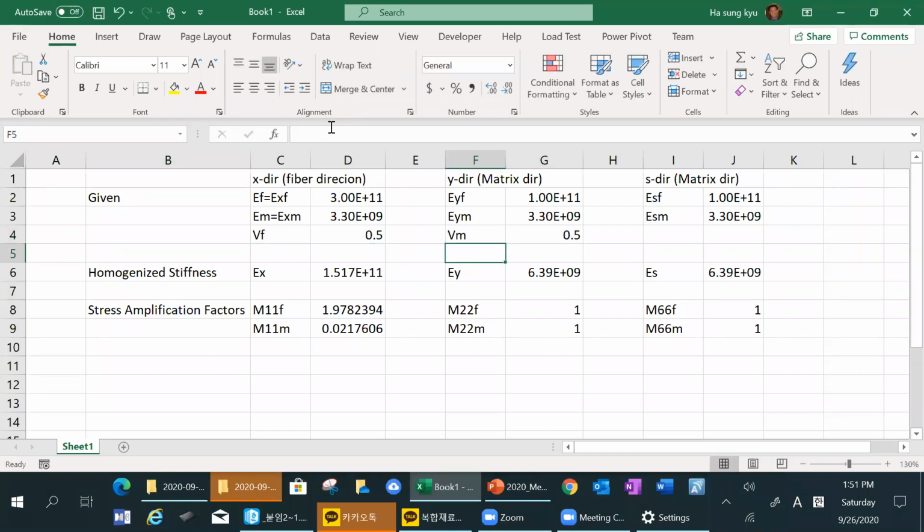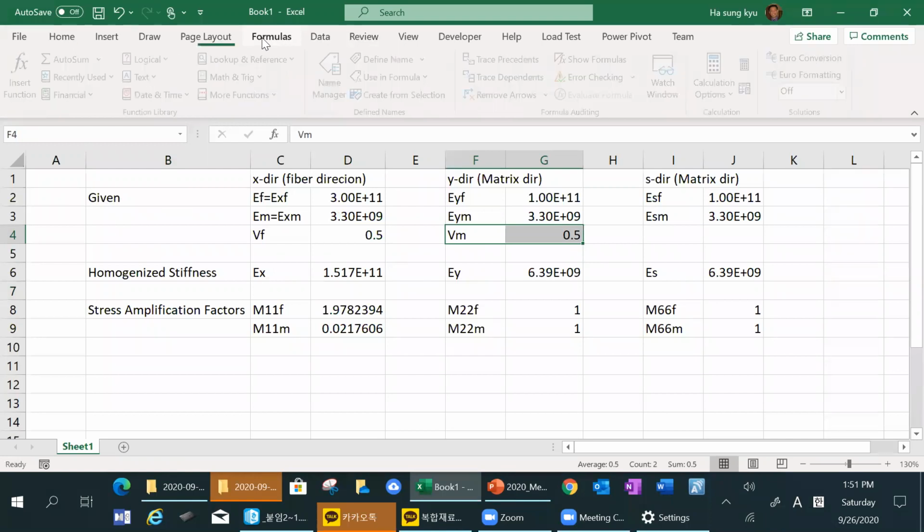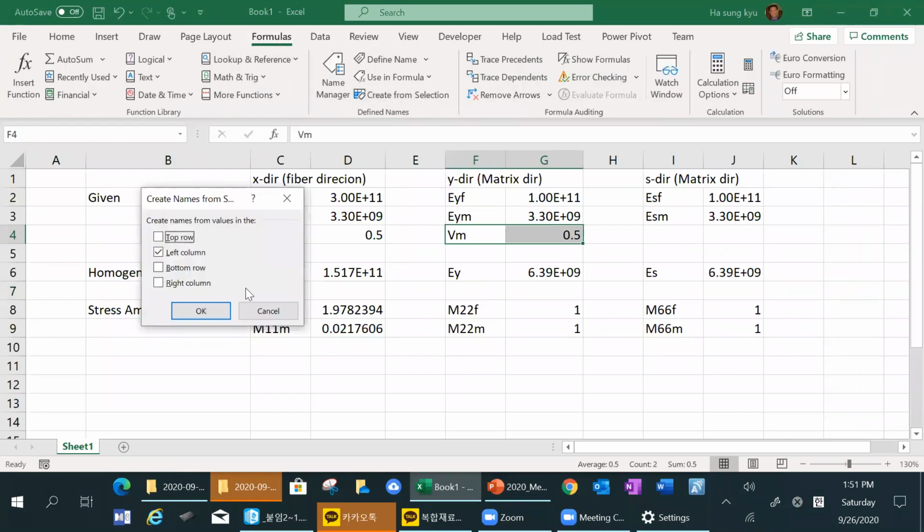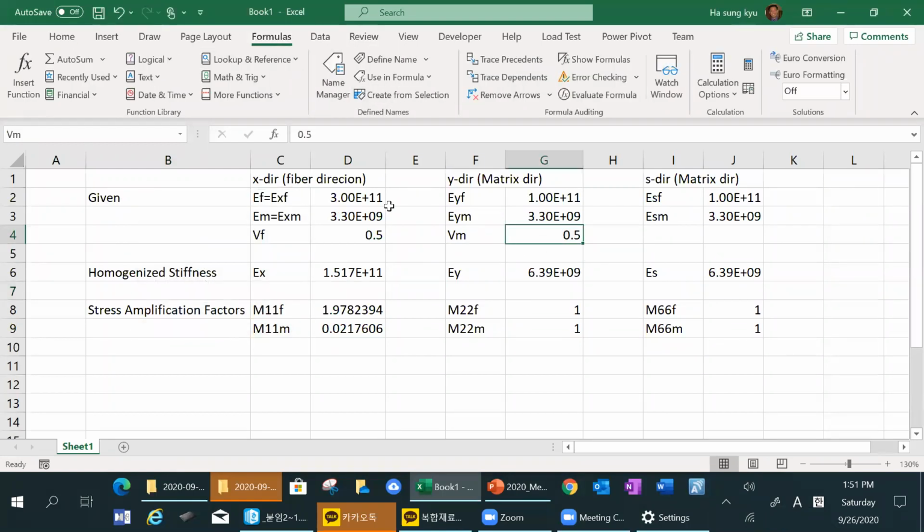And I will say this is the matrix volume fraction, and let's give a name and formula on the left. And this one is nothing but 1 minus VF.